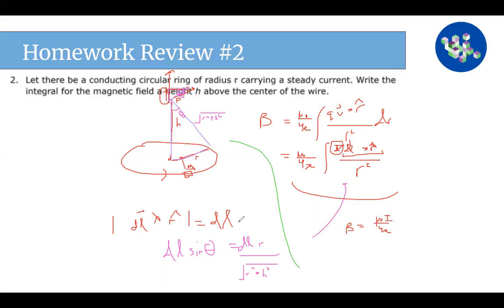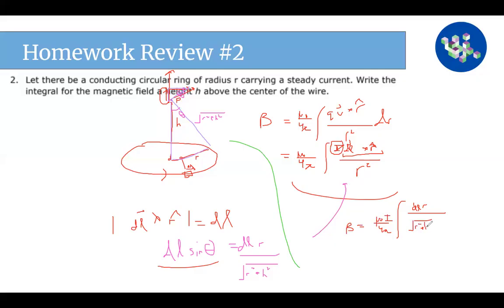Also, dl sine theta, like dl crosses r cap, that's dl sine theta. That's always constant. So it will be mu 0 I over 4 pi, and then the integral of dl times r divided by square root of r squared plus h squared.